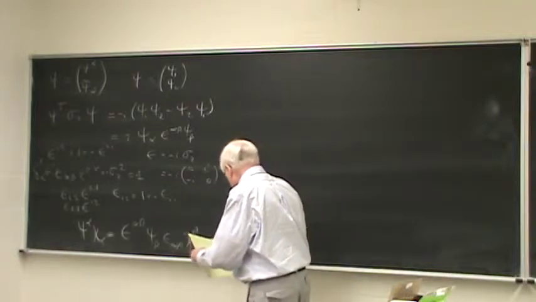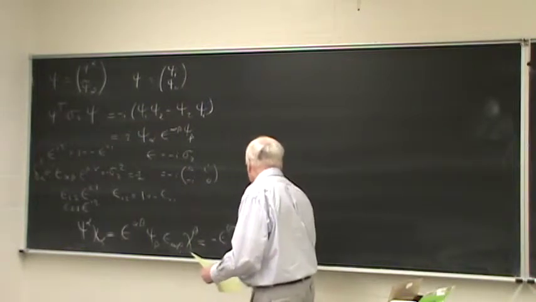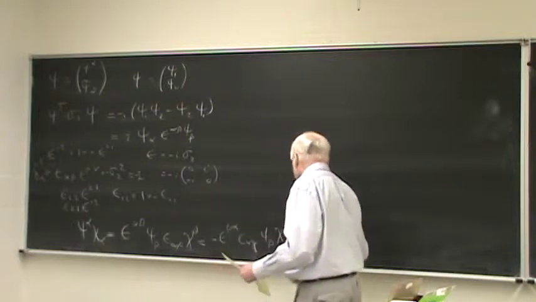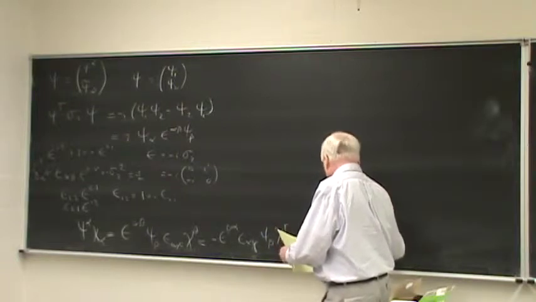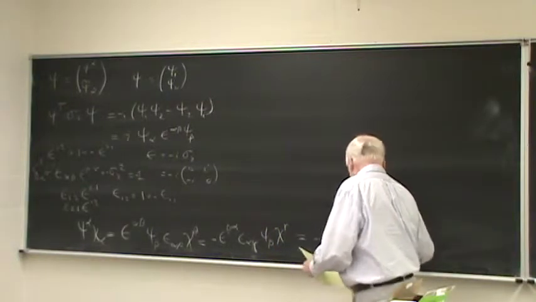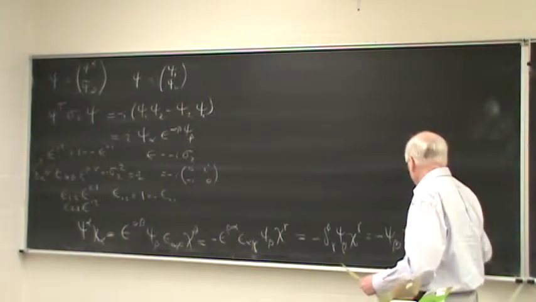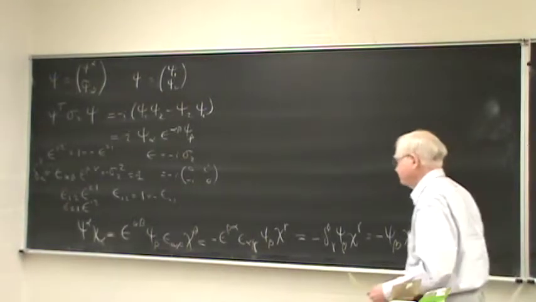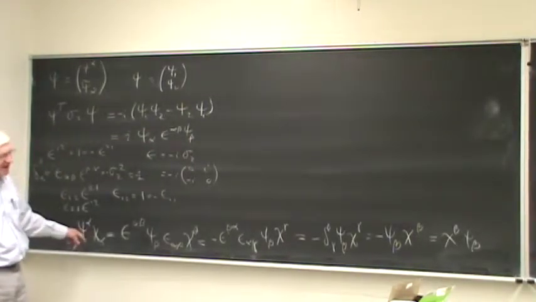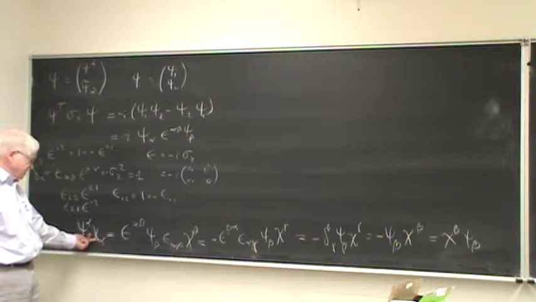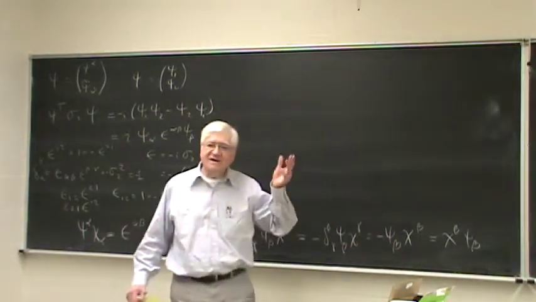Whoops, this is alpha gamma. And now we use this trick to say this is minus delta beta gamma psi beta chi gamma, which is minus psi beta chi beta. On the other hand, these things anti-commute, so this is also chi beta psi beta. And so what you see is that this notation has the advantage that if the spinors anti-commute, then this structure here is effectively abelian.